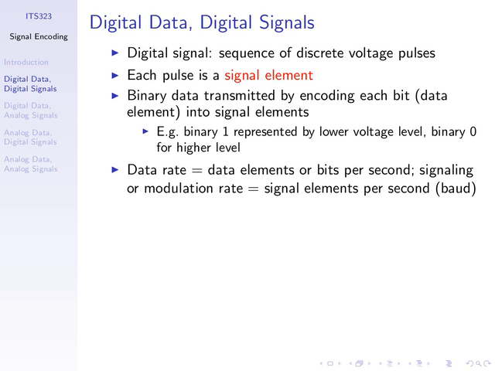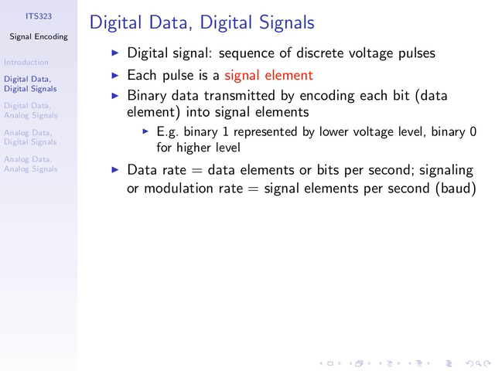the 2 bits 0, 0 correspond to the signal element with a high voltage, plus 5 volts as an example. 0, 1 is a slightly lower voltage, plus 1.6 volts. 1, 0 is a different voltage. And 1, 1 is another voltage. That is 4 different levels.